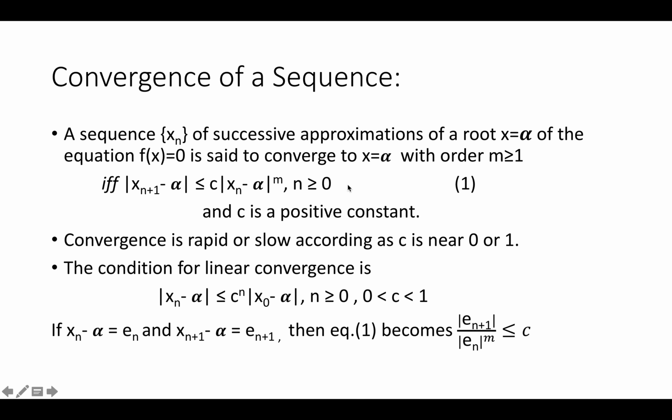Then the above equation 1 simply reduces to the absolute value of en plus 1 divided by the absolute value of en raised to power m being less than or equal to c. So this is the condition for convergence, and m is the order of convergence.